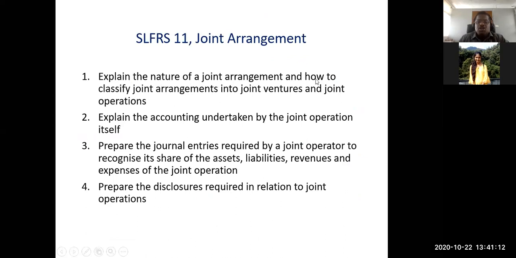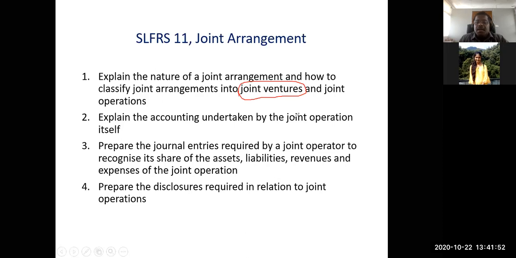The learning outcomes: explain the nature of joint arrangement, and how to classify a joint arrangement into joint venture and joint operation. As I told you, there are two types of joint arrangement, joint ventures and joint operations. Explain the accounting undertaken by a joint operator. We are not discussing accounting treatment for joint ventures because it comes under LKAS 28, Associates and Joint Ventures.